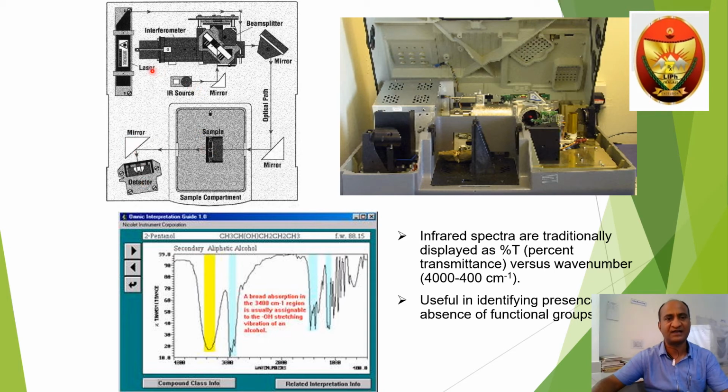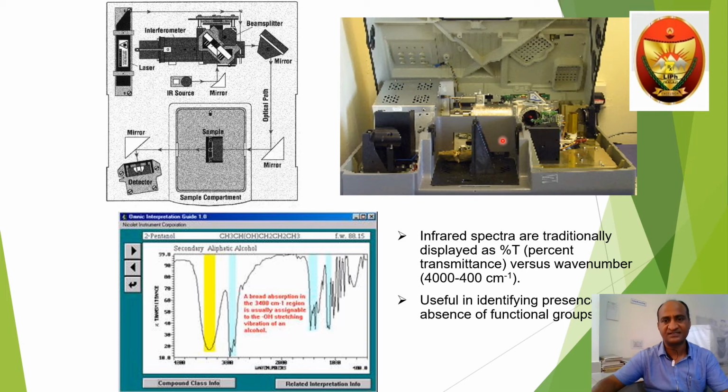Besides that, we have a laser beam. This helium neon laser beam is used for the spectral calibrations. So this is the layout of the FTIR instrument. The instrumental diagram is shown here. This part is the optical part where we have different mirrors and the Michelson interferometer.